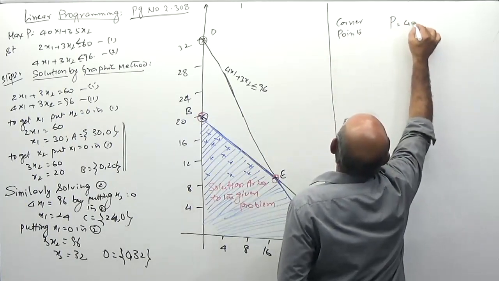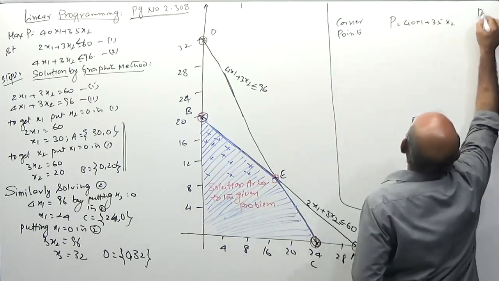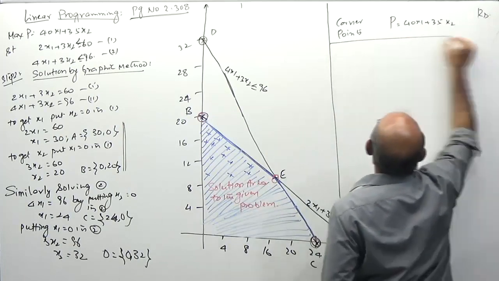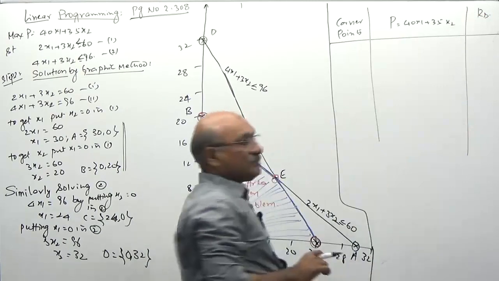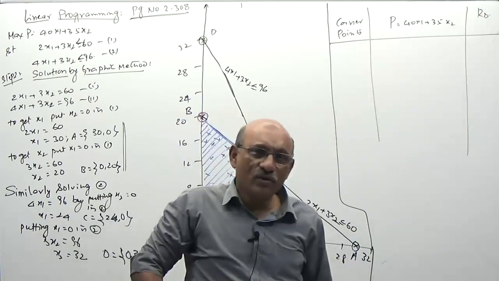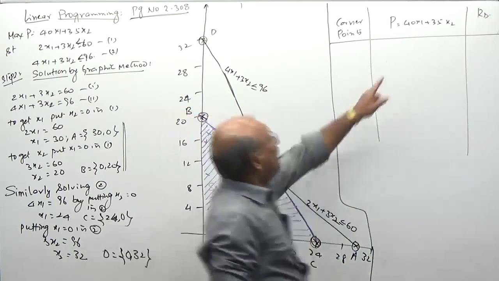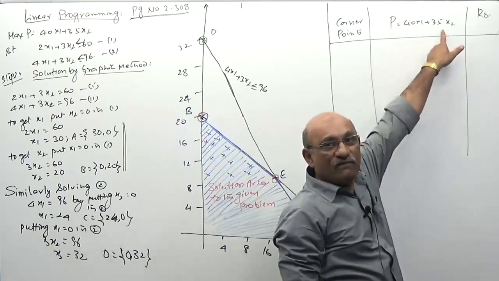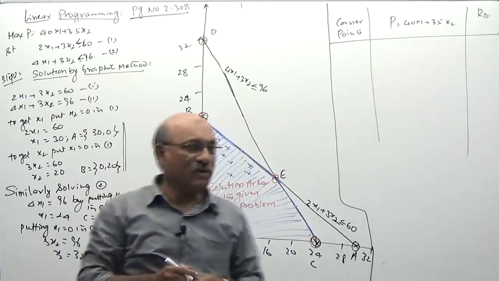Profit is equal to 40 into x1 plus 35 into x2, profit in rupees. So what I am doing here, sir? The corner points coordinates I am substituting in the objective function. 40 into x1 plus 35 into x2, I want to convert into numerical numbers.